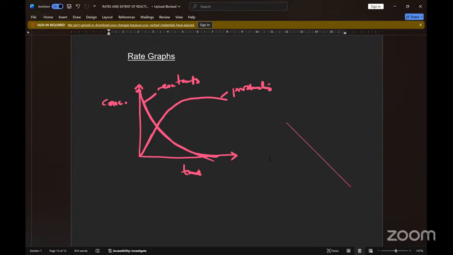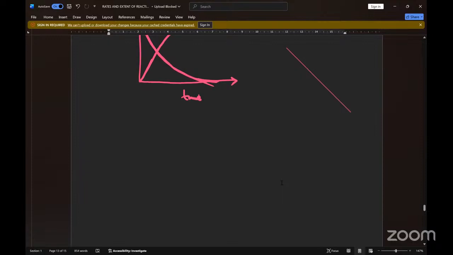In some textbooks, and this is a more practical approach, let me forget about this one and draw it somewhere. In some textbooks, they would rather draw it like this. Okay. They'll draw something like this. And then they'll draw it like this, but it doesn't touch the axis. And then something like so. This is your concentration, and this is your time. Okay.